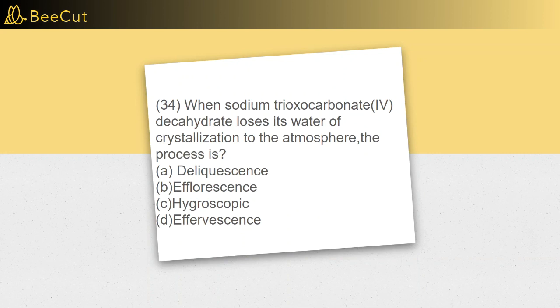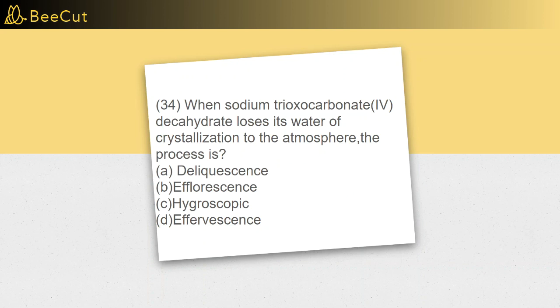34. When sodium trioxocarbonate 4 decahydrate loses its water of crystallization to the atmosphere, the process is A. Deliquescence, B. Efflorescence, C. Hygroscopic, D. Effervescence. The best option is efflorescence.